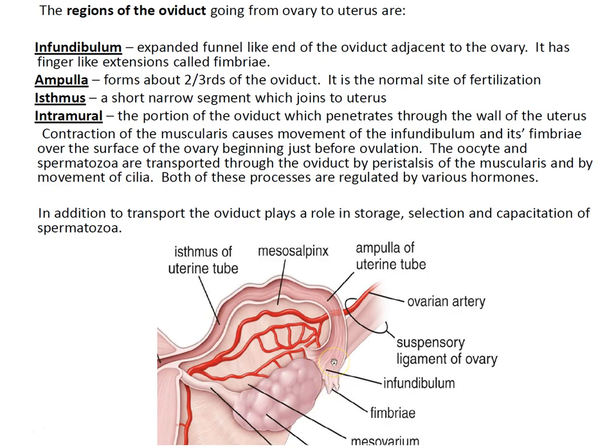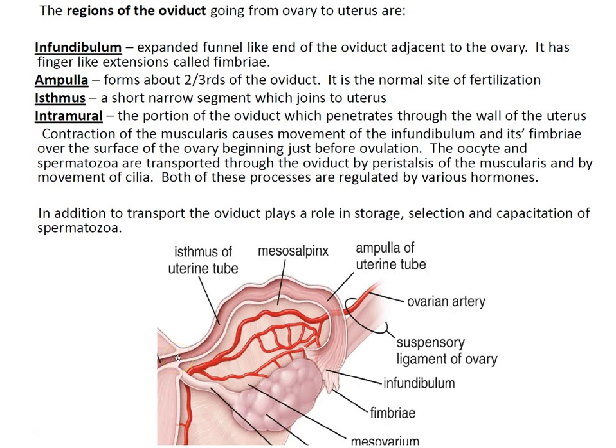The ampullary region is the longest segment of the tube, constituting about two-thirds of the total length, and is the site of fertilization. The isthmus, which is here, is the narrow medial segment of the uterine tube which joins the uterus. The intramural part lies within the uterine wall and opens into the cavity of the uterus.